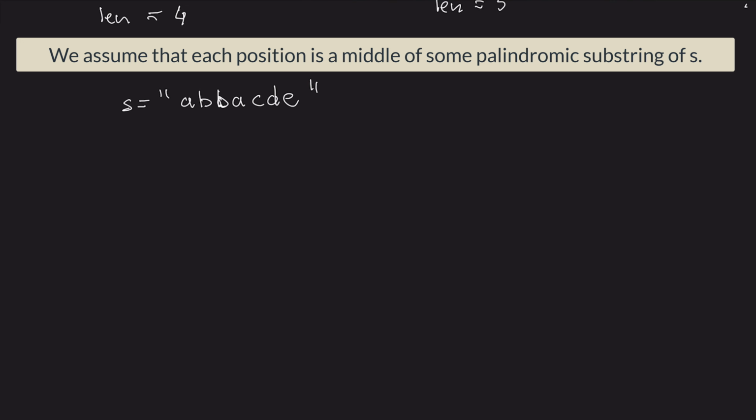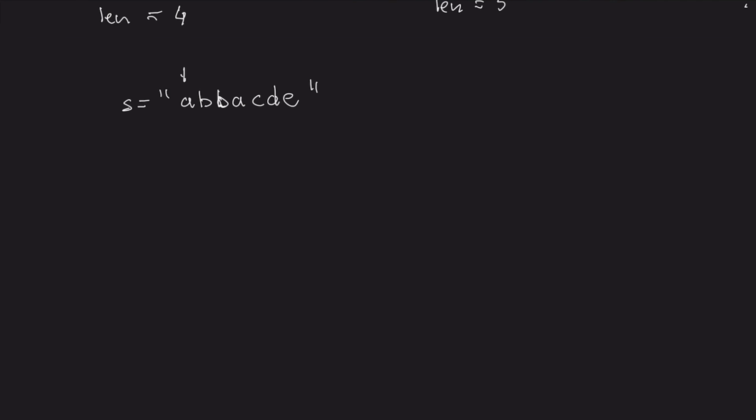What that means is that we will start from letter A, and we will assume that our left and right pointers are both pointing to that letter A, and we will try to use one of the above two approaches and expand and try to find the longest possible palindrome.